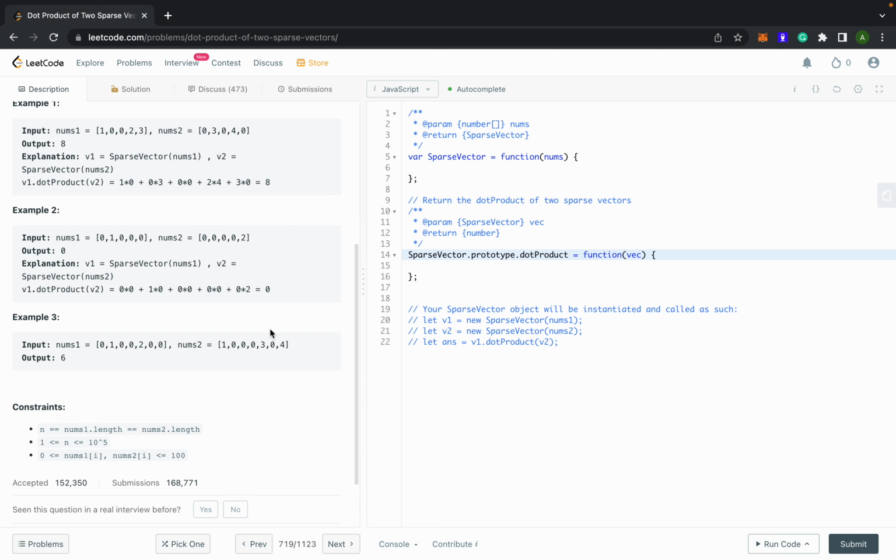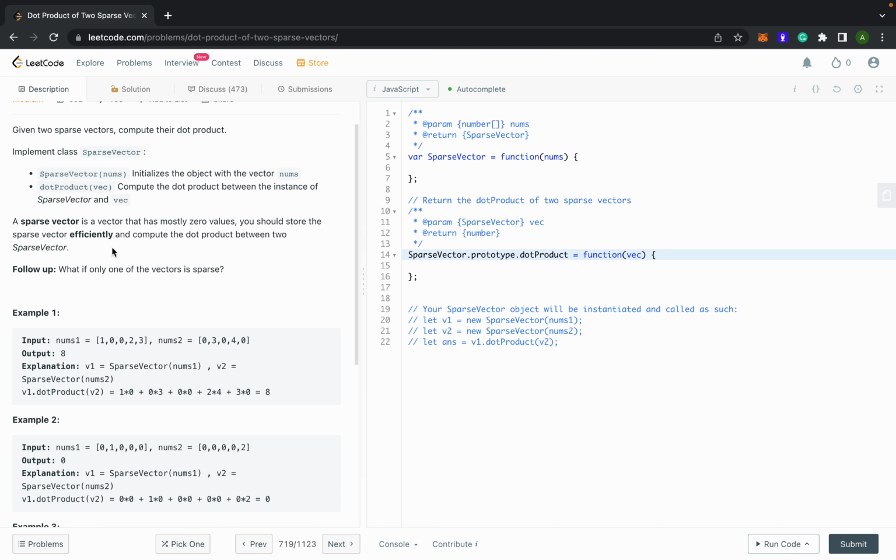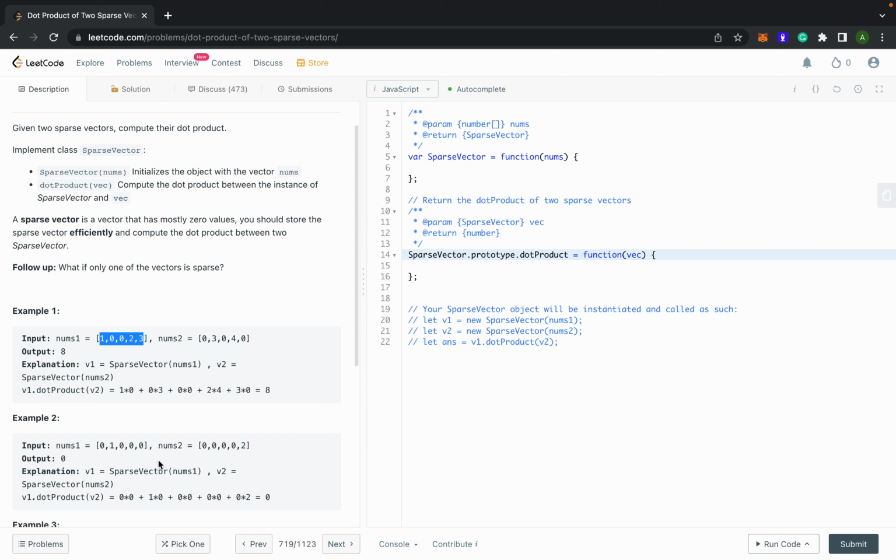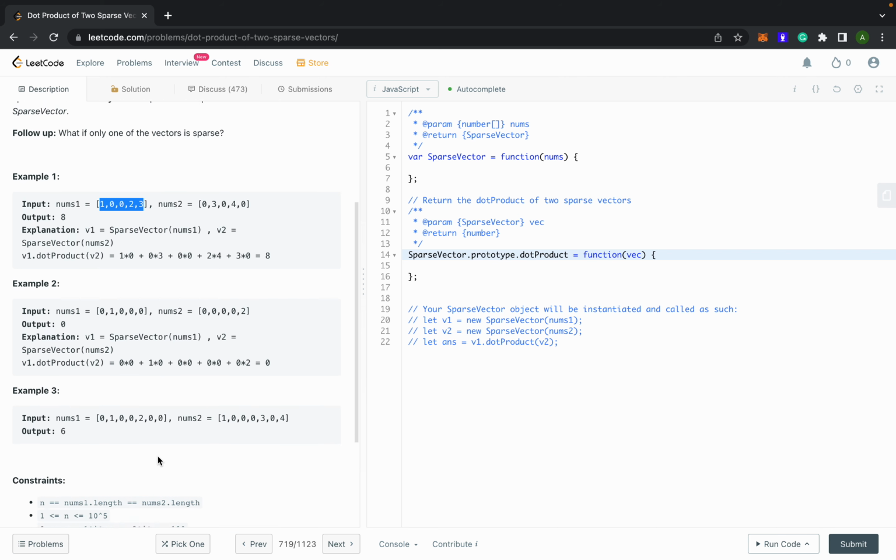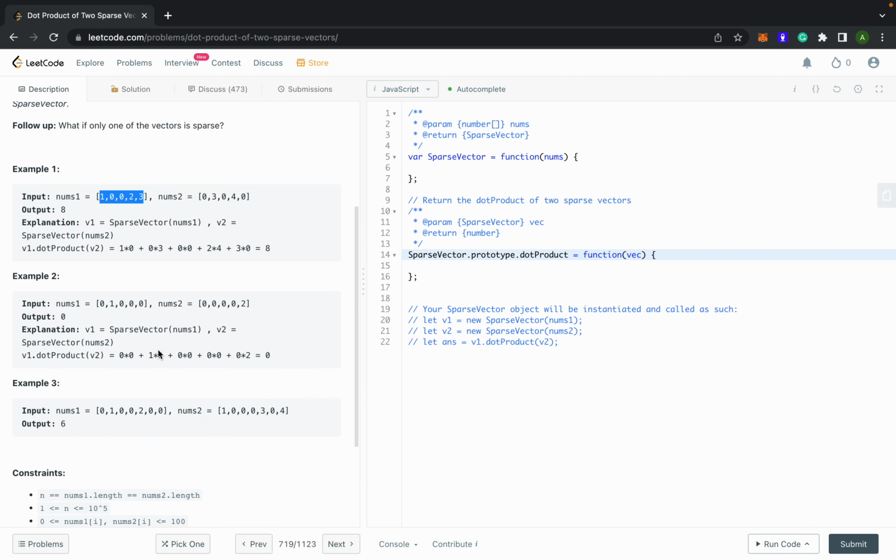I think I'm seeing a pattern here. Because they are sparse vectors, most of the values in the array are supposed to be 0, and 0 multiplied by anything gives you an automatic 0.